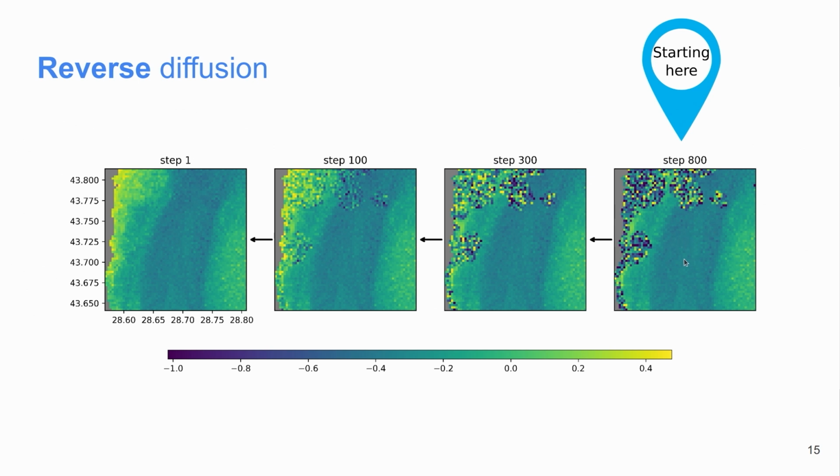These are already at step 1 of my reverse diffusion pipeline, and the others are at step 800. Then you ask it to go just one step back, and so on, and you will see that naturally a realistic-looking image emerges, because for every pixel where you have some noise, you're asking it to just remove a little bit of noise.